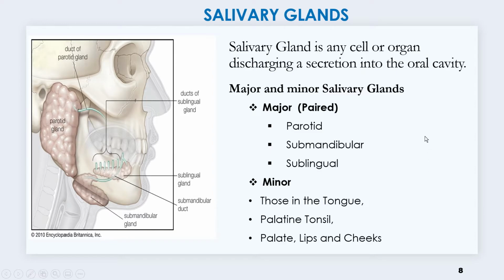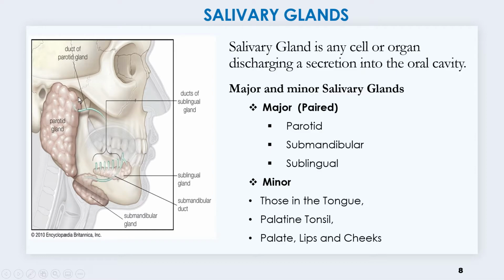But of course, there are some major glands and some minor glands. The major glands are basically the parotid gland. There are two parotid glands, one on each side of your mouth, near your ear. It is anterior to the ears, and this is the largest.